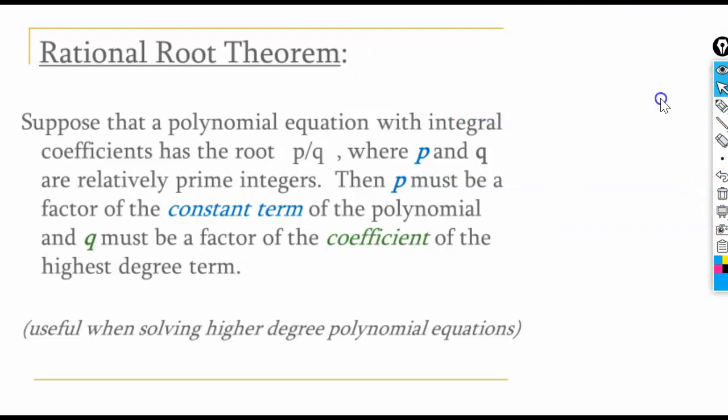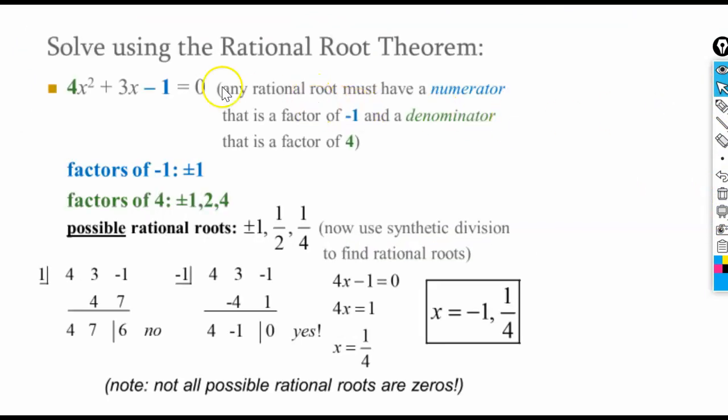So let's see what we're talking about. So we want to solve this equation, and we are going to use the rational root theorem to help us. So the problem with this polynomial is that, well, it's a quadratic, so we could factor it.